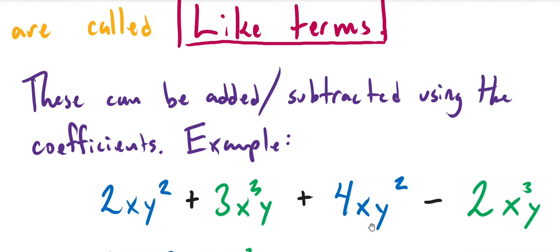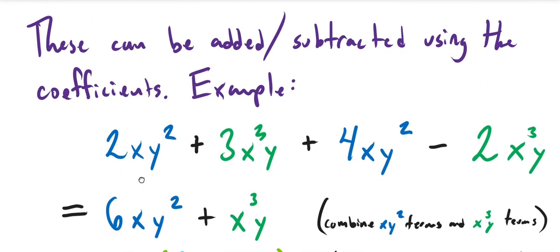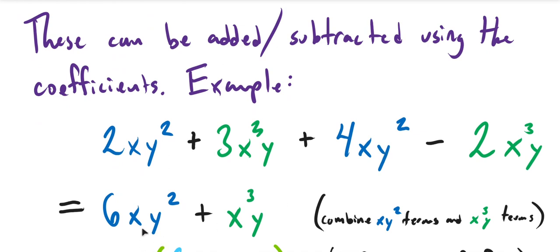We have the ones that I've color-coded in blue. They have x to the first, y to the second. They are like terms. We have the ones that I've coded in green, x to the third, y to the first. Those are like terms. If I combine the blue ones, I combine their coefficients: 2 plus 4 is 6. And if I combine the green ones, 3 and then minus 2, remember the minus sign attaches to the term that's right to the right side of it.